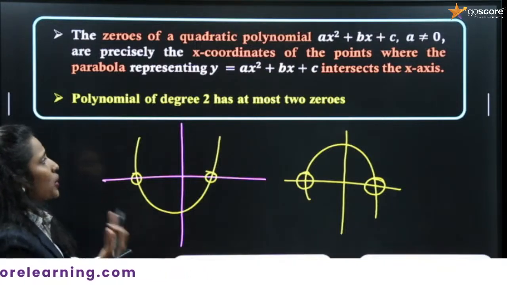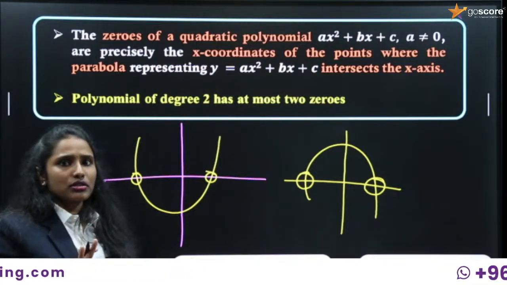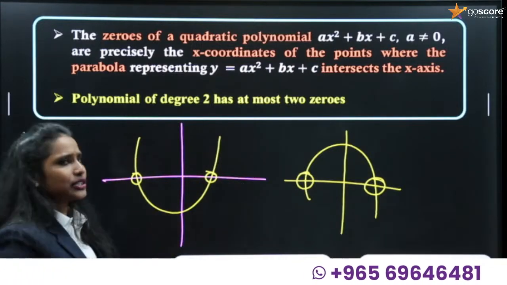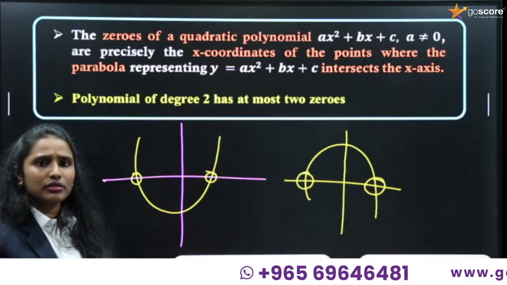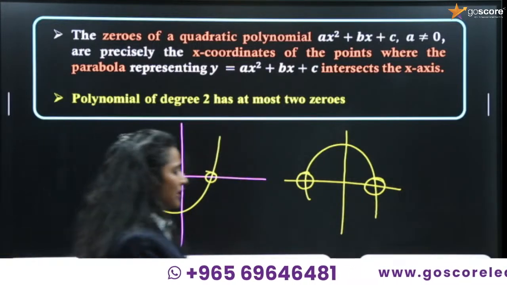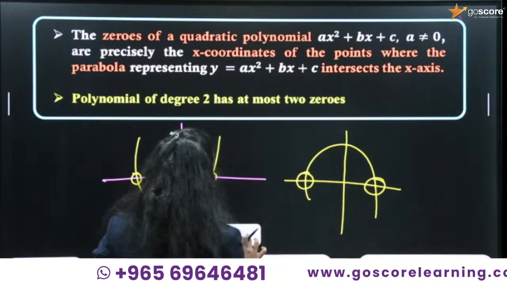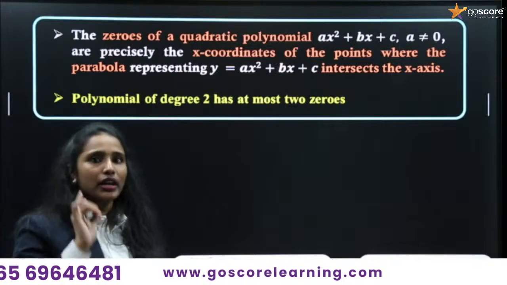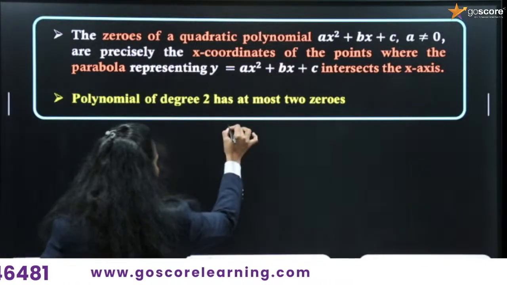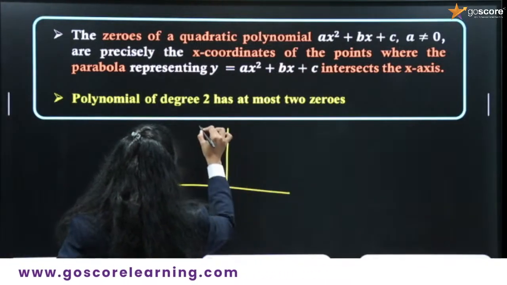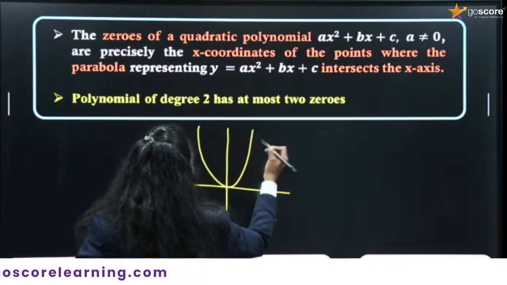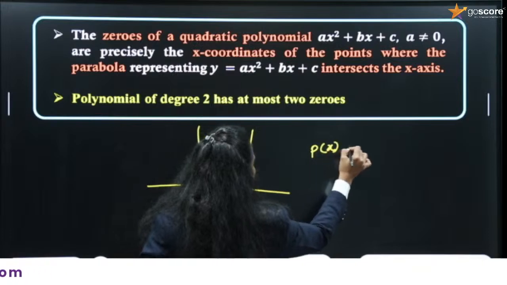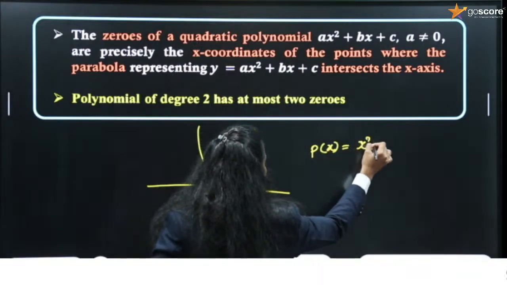A polynomial of degree 2 has at most 2 zeros. Why at most 2 zeros? Here it evidently has exactly 2 zeros. Why at most? Because in some graphs there can be only 1 zero. For example, this is simply the graph of p of x equal to x square.